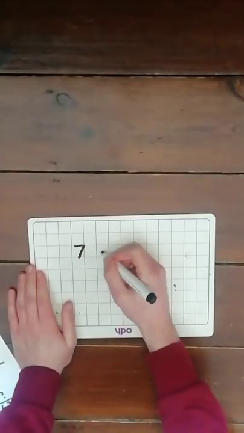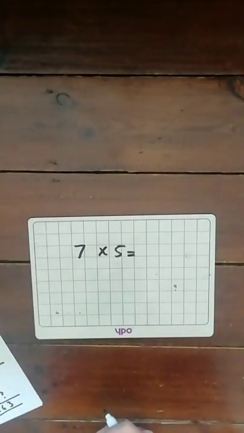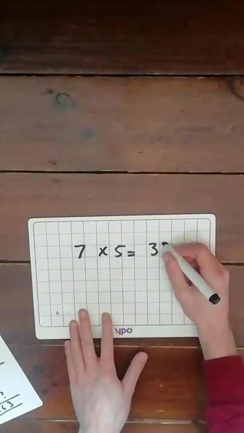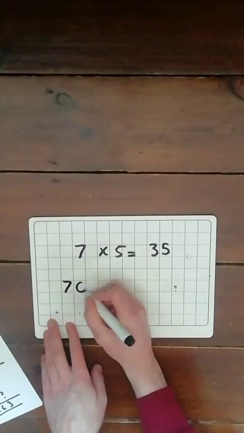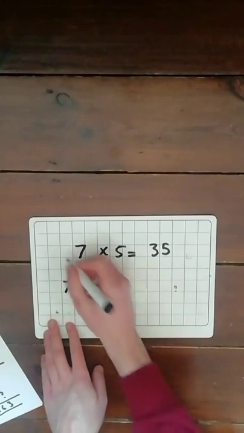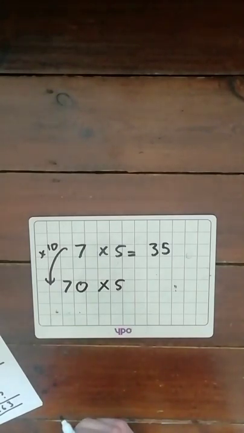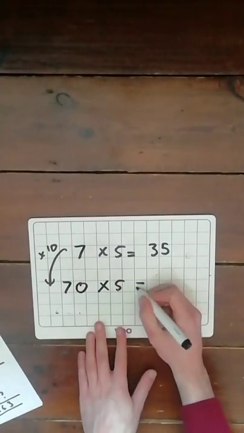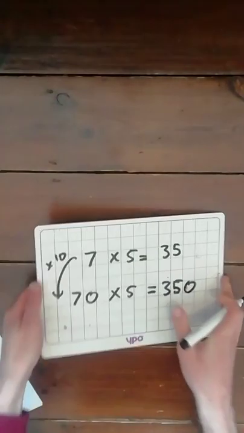So let's do 7 times 5. And let's do 70 times 5. Oh, if you look, this is 10 times bigger. It was 350.